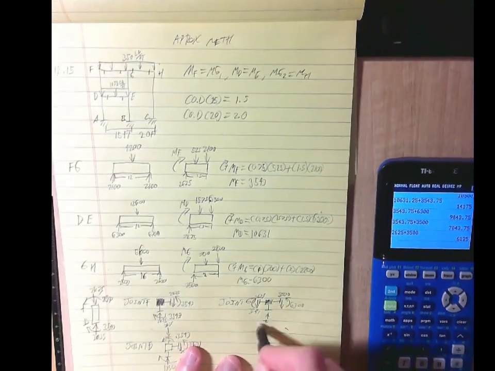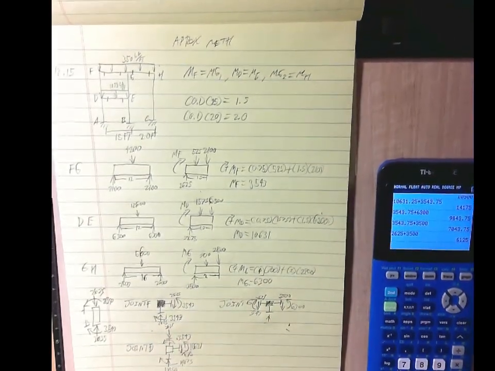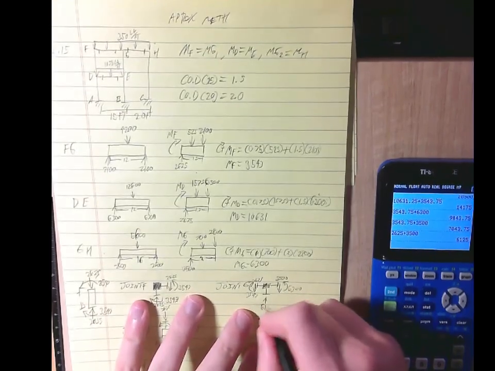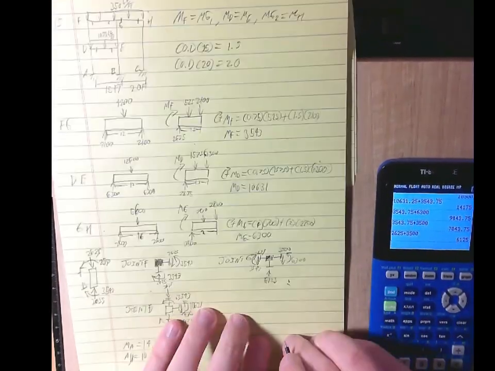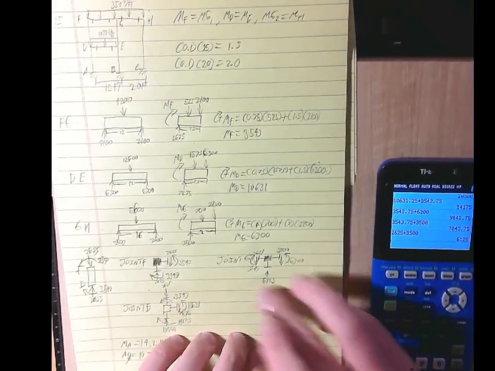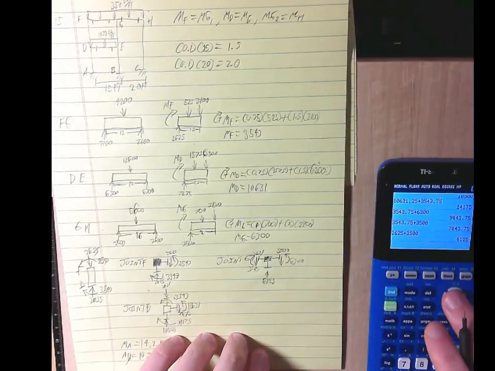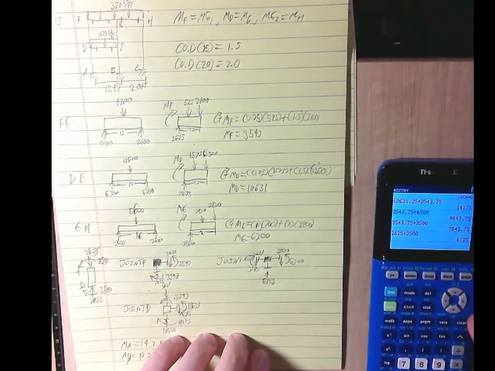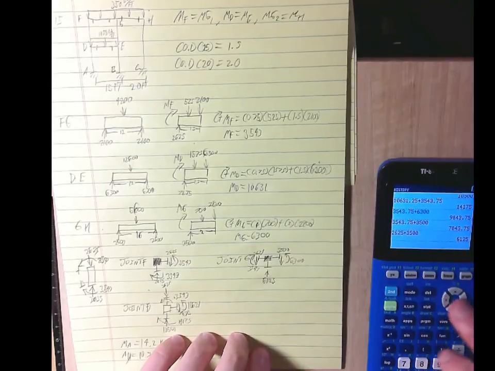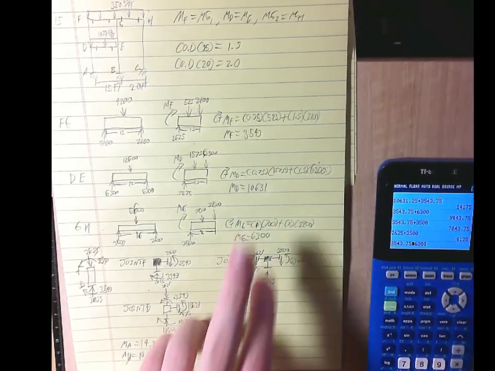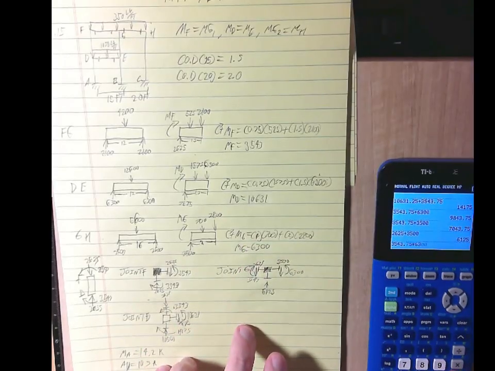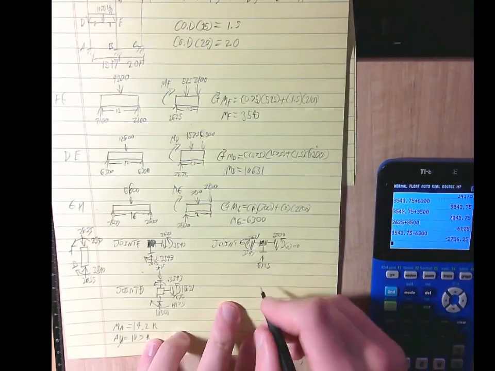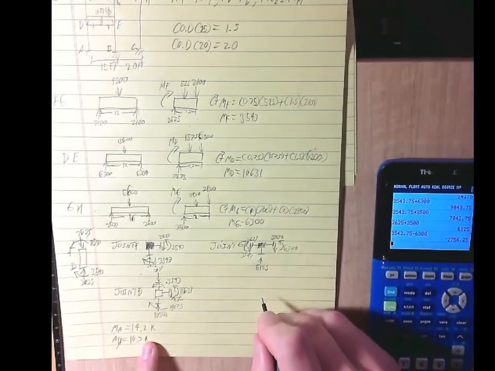Sorry, 6,125. Now the moments here are going to be this, but I think they're going to be subtracting. This and this, subtract.